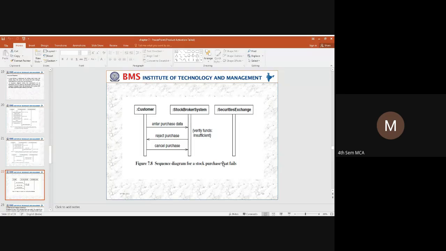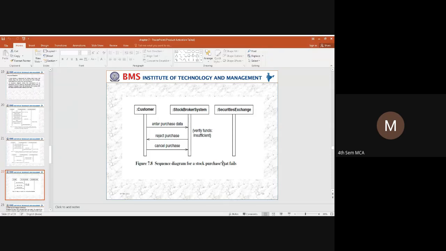Similarly in a stock brokerage system, with respect to the sequence diagram, we can identify how the stock purchase can fail.